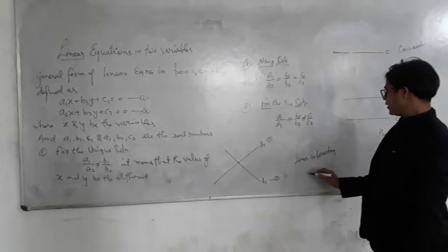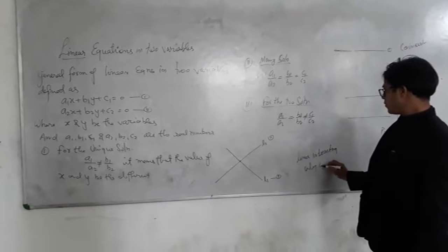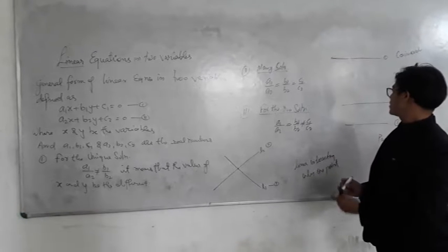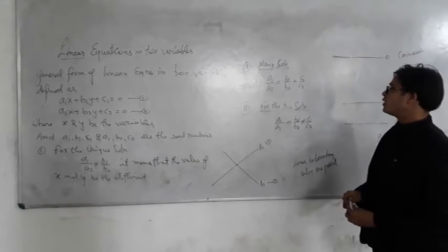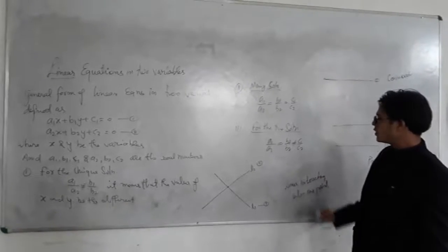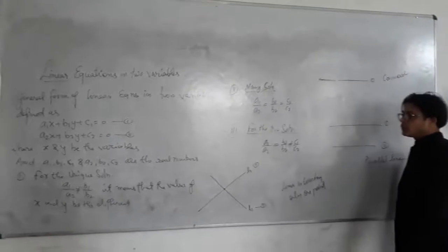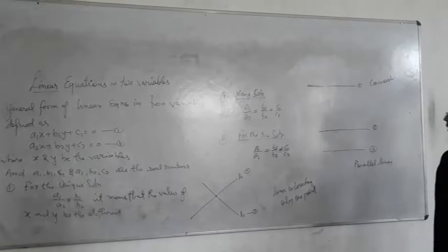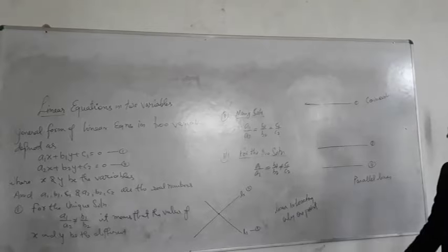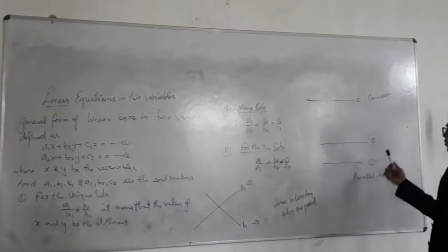Intersecting at only one point. Okay, so these are the conditions for obtaining many solutions, no solution and a unique solution. We have already defined the conditions for no solution and infinitely many solutions.